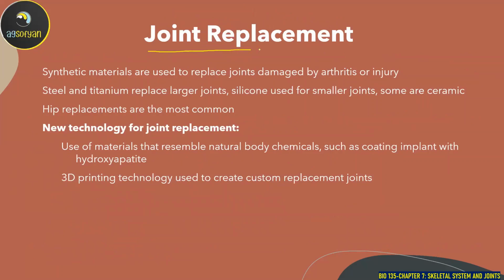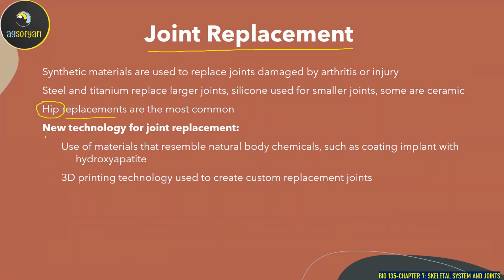There is a process called joint replacement, to replace the broken joint, mostly in the hip area, which is the most common place for replacement. So hip replacement, and sometimes knee joint replacement.